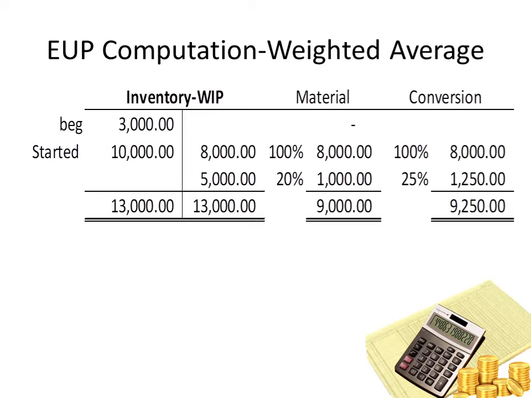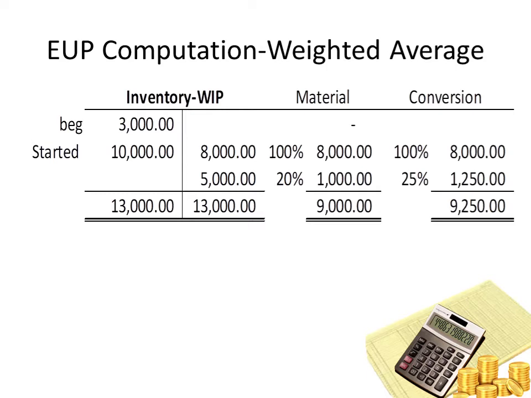Take note, the ending which is 5,000. So we just deduct it. So we know that 8,000 would now be finished. Okay, so 8,000 times 100, 8,000, and we just combine the direct labor and the factory overhead since we know that this is the conversion cost, the means to convert the material into the finished product.